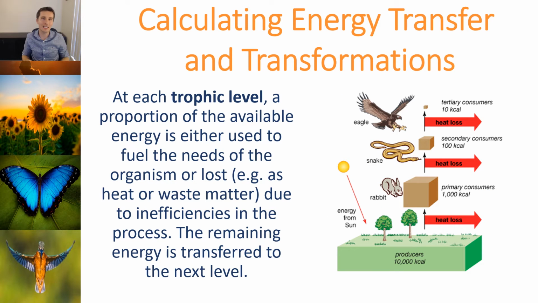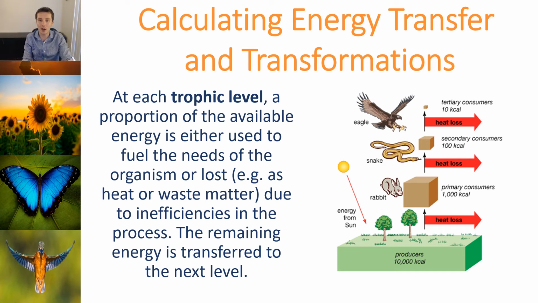Looking at this, we're going to start going into calculating these energy transfers now. At each trophic level, a proportion of the available energy is either used to fuel the needs of the organism or lost as heat or waste material. Due to inefficiencies in this process, the remaining energy that is available to transfer to the next level is not as much as what was originally available. So we're going to look at that loss of energy.